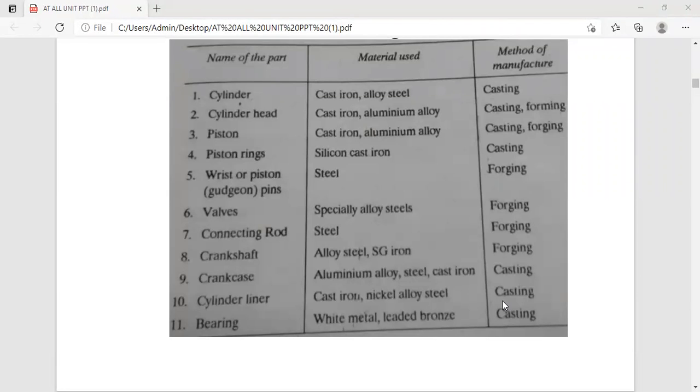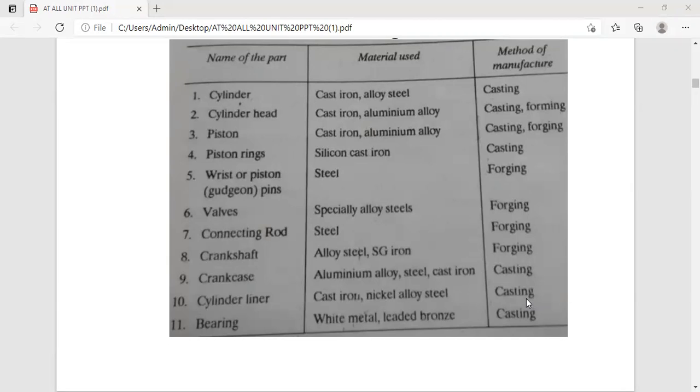The piston rings are in continuous contact with the cylinder, so it will wear out and there will be material reduction. It is not feasible to change the cylinder every time, so at that time we use the cylinder liners, made of cast iron and nickel alloy steel by casting.